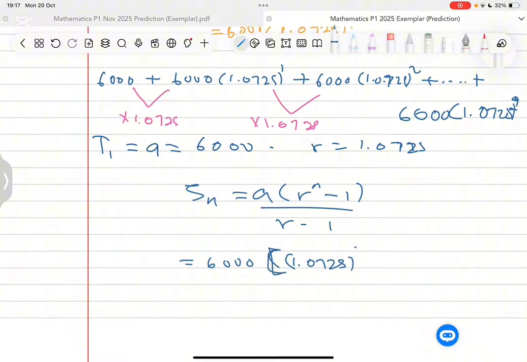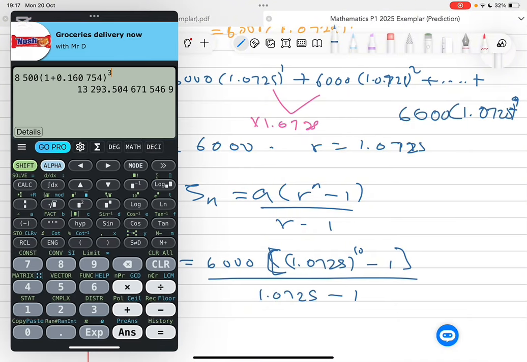And this happens 10 times, meaning we have 10 terms, or we're making 10 payments over a period of 10 years. And we're also subtracting 1 here, and this is divided by 1.0725 minus 1.